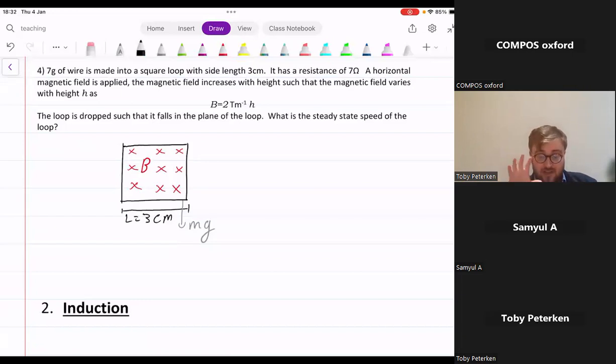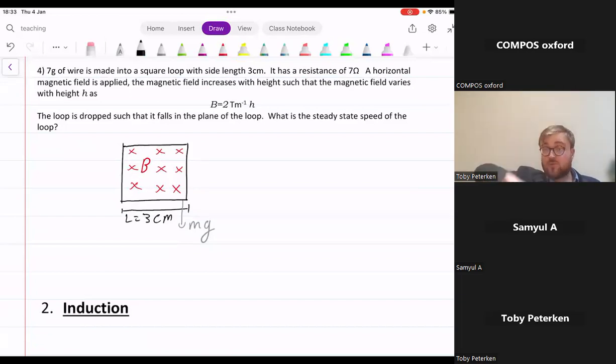As the flux decreases, this induces a current, and the direction of this current will either be such as to increase the flux through it, or it has to be such as to slow the rate of falling. They have to be the same.